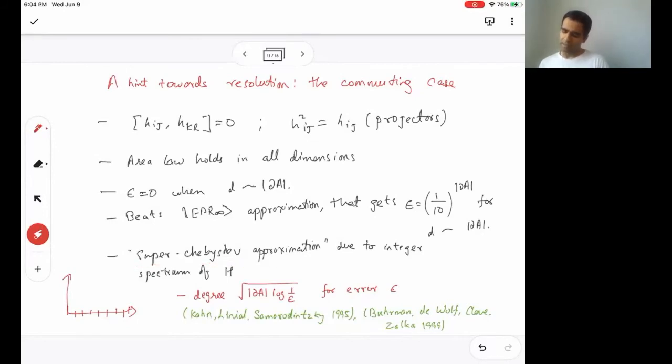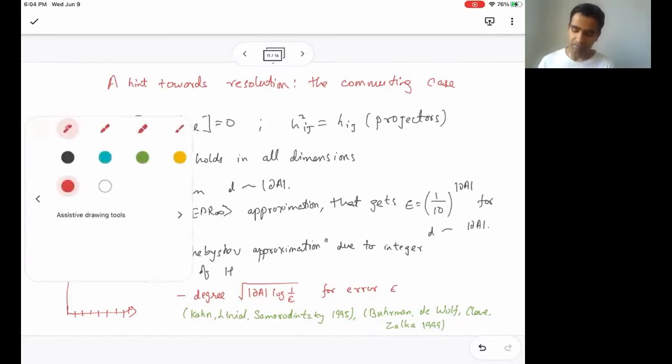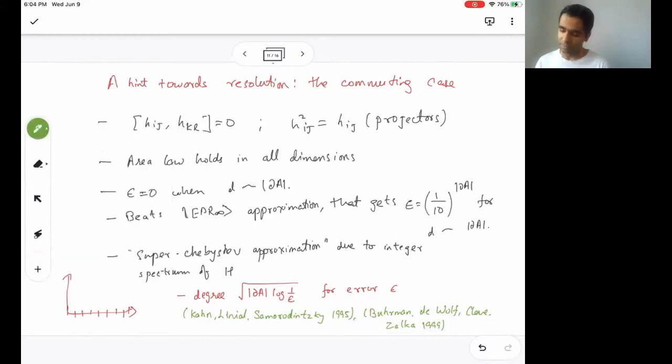Roughly, this is a family of results that were proven in 1995 and 1999 by several authors, which is that to achieve an error epsilon, I can have a degree roughly square root of the boundary times log 1 over epsilon. To compare this with Chebyshev approximation, Chebyshev would get us square root of this thing times log 1 over epsilon outside.